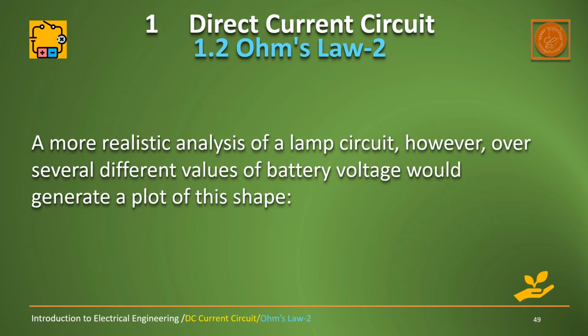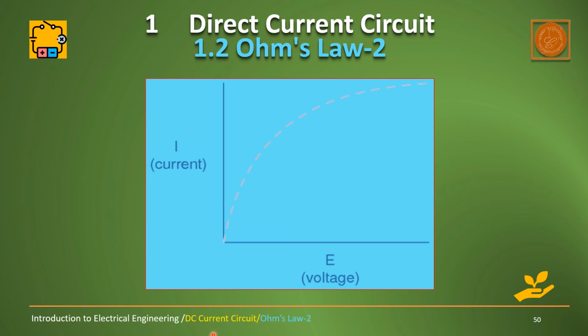A more realistic analysis of a lamp circuit, however, over several different values of battery voltage would generate a plot of this shape. If we put the horizontal axis as voltage E and the vertical axis as current I, when given one point of the voltage, then we can calculate the current at this point.